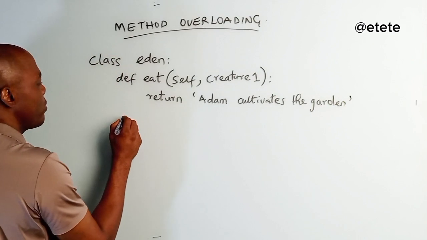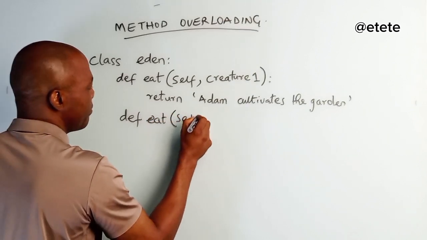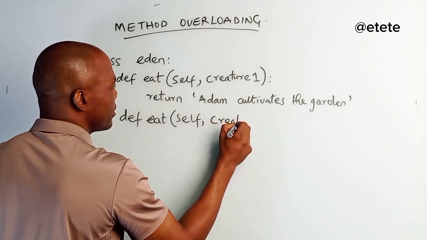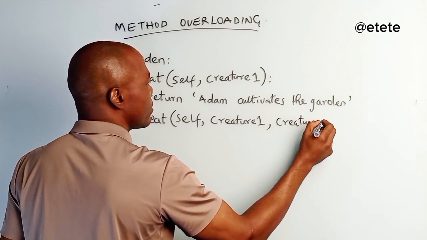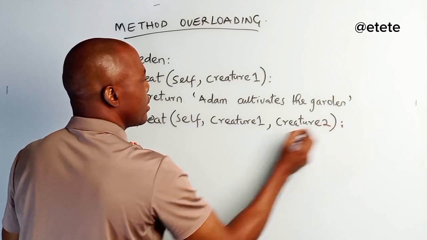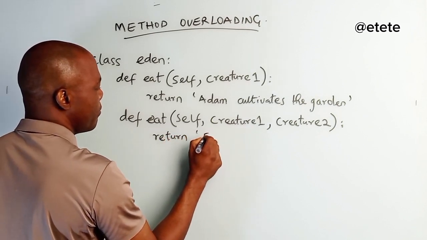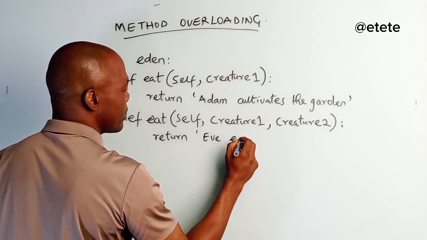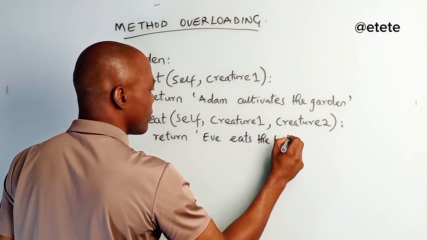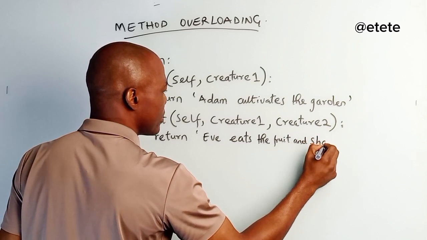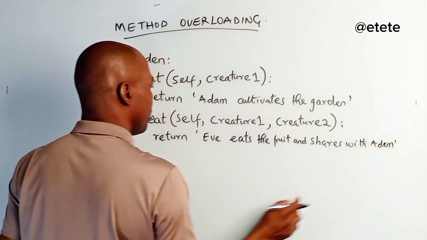right? And then here again we define this same method, it, and then we supply self to it, and then we say creature one, comma, creature two, and then we come in and we say return if it the fruit and shares with Adam, right?